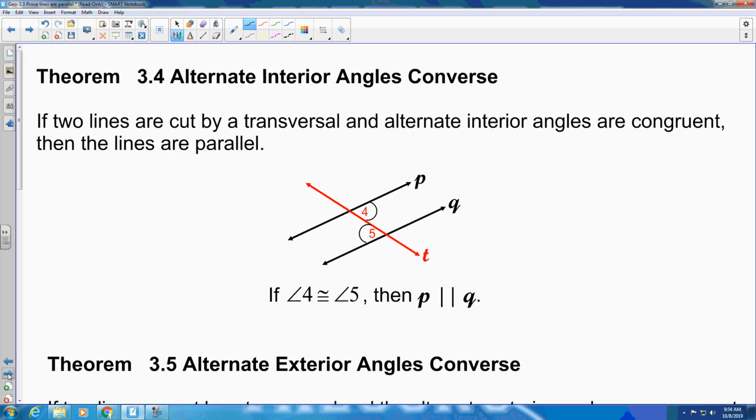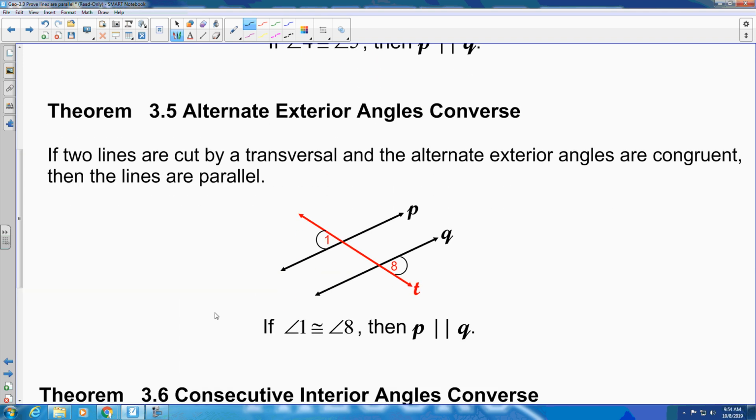And then here are the other converse theorems that again can help us determine if two lines are parallel when they're intersected by a transversal. We have the alternate interior angles converse, which states that if the alternating interior angles are congruent, then the two lines are parallel.